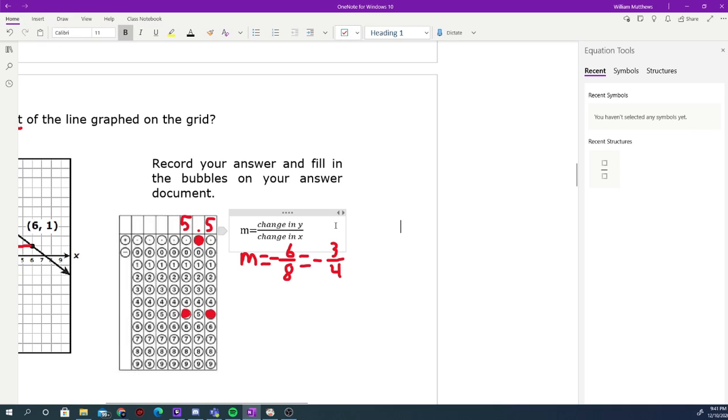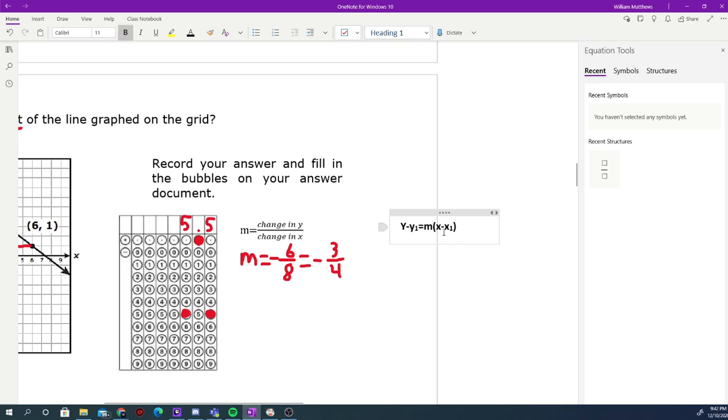The point-slope formula being our y minus our y1 equals our slope multiplied by x minus our x1.